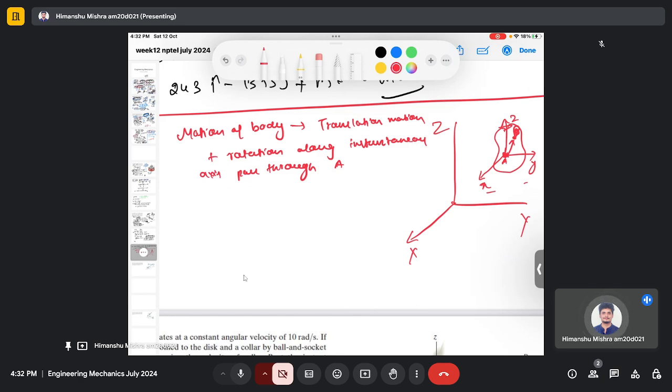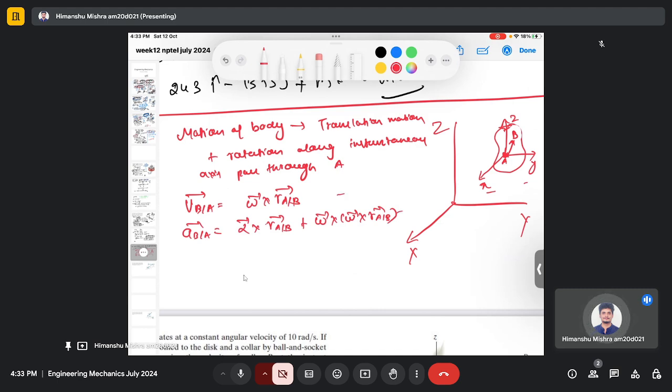So in order to calculate the motion of point B, first we need to figure out the velocity of B with respect to A, which is omega cross R_AB, and the acceleration of B with respect to A, which is alpha cross R_B/A plus omega cross omega cross R_B/A.